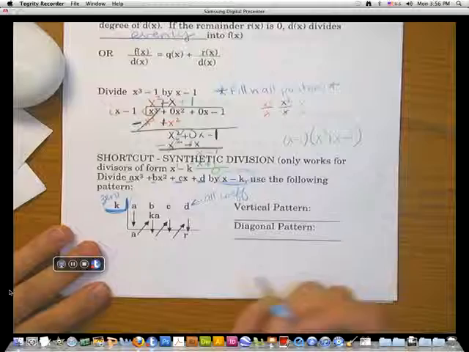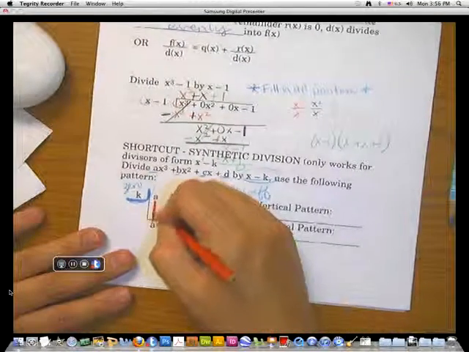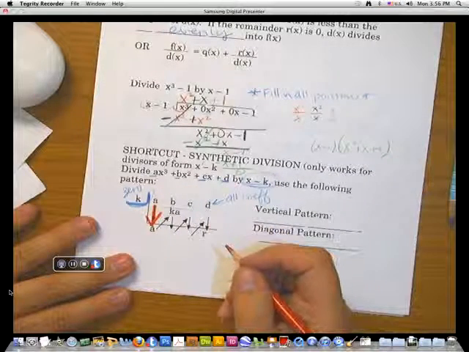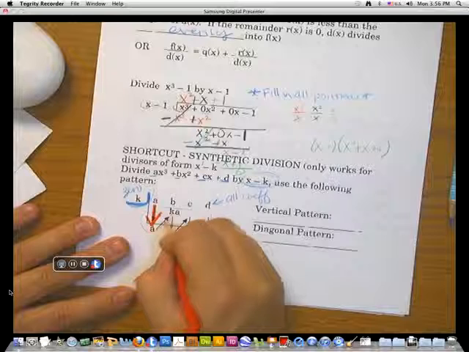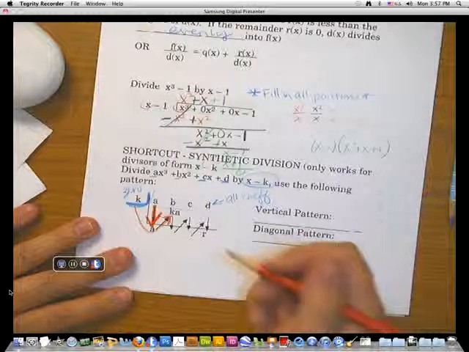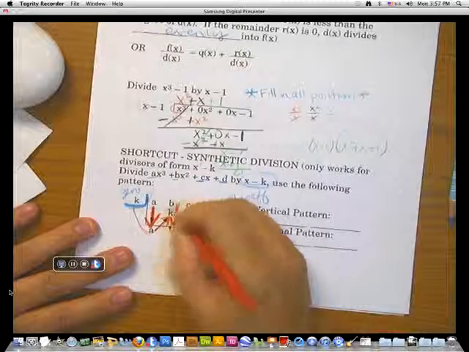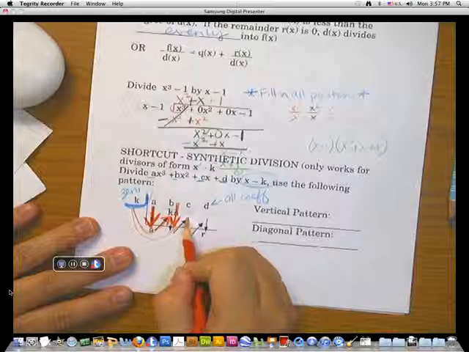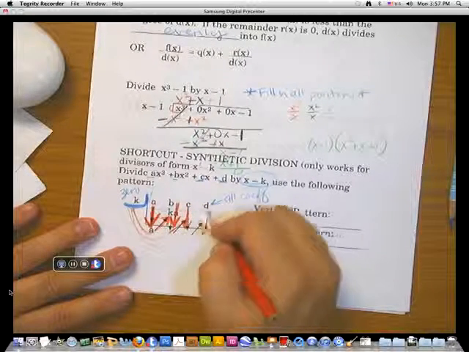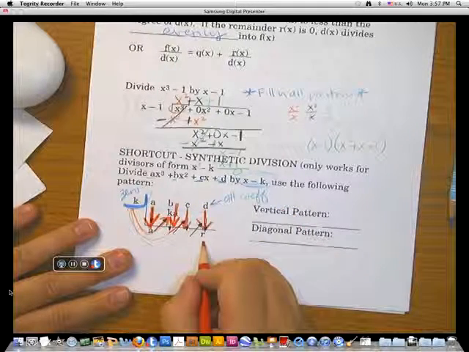The way that synthetic division works is that we bring down and then we multiply around. And then we add down and multiply around. We're going to add down, multiply around, we're going to add down, and that's going to be our end.